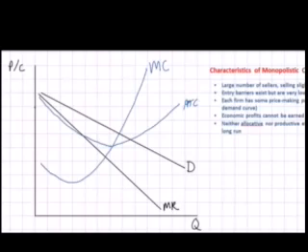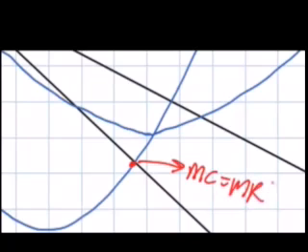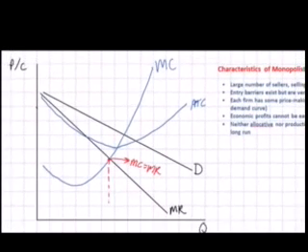We can show that following the profit maximization rule of produce where marginal cost equals marginal revenue, the monopolistic competitor will want to produce at a quantity where MC equals MR, which is right here. We'll call that QMC for the monopolistic competitor's quantity, and it can charge a price that corresponds with demand for that quantity of output.